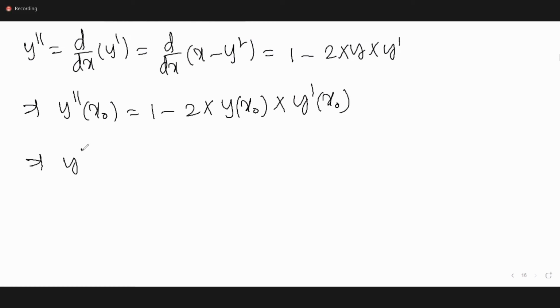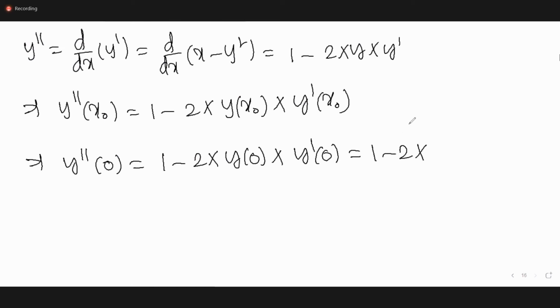So y double dash of 0 is equal to 1 minus 2 into y of 0 into y dash of 0. What is y of 0? 1. Y dash of 0, minus 1. So y double dash of 0 is equal to 1 plus 2, that is 3.